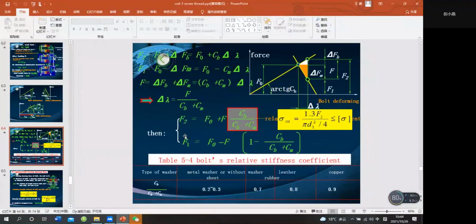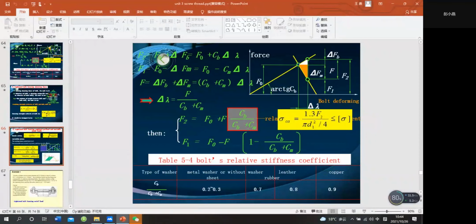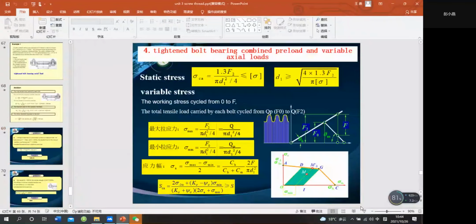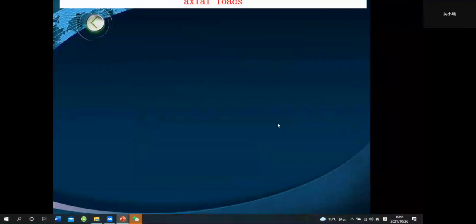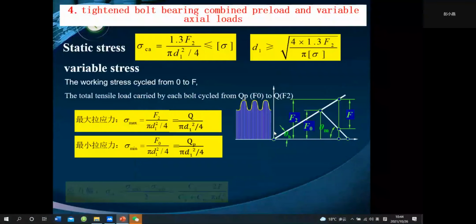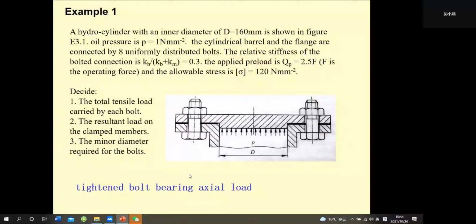This is the equation to calculate the force acting on the bolt and members.